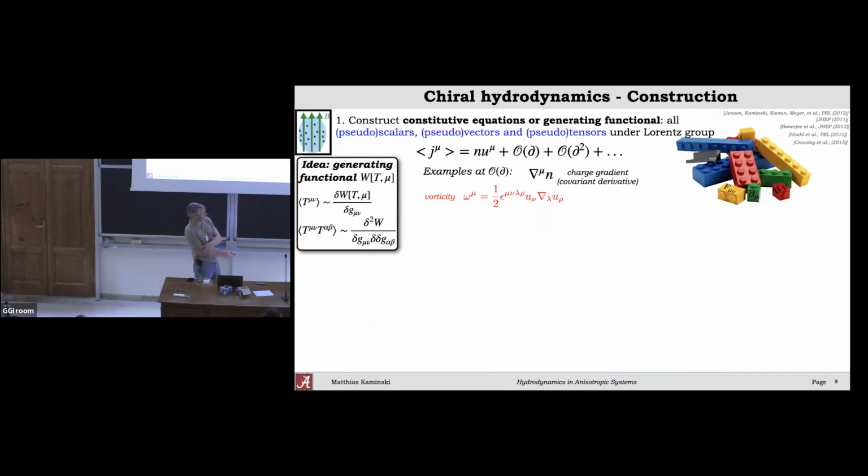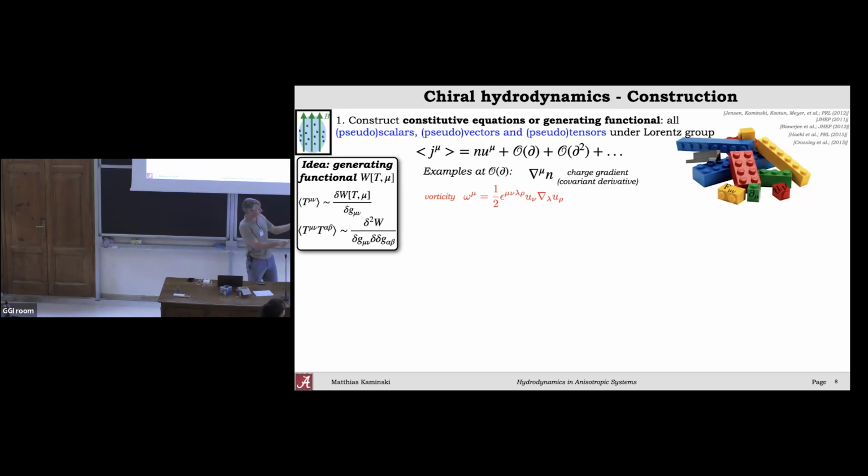One is to use the entropy current, and here's an example. We construct the constitutive equations in this example for the current. It could be the vector or the axial current. Both have a charge density which flows with the fluid flow. And there will be gradient corrections.